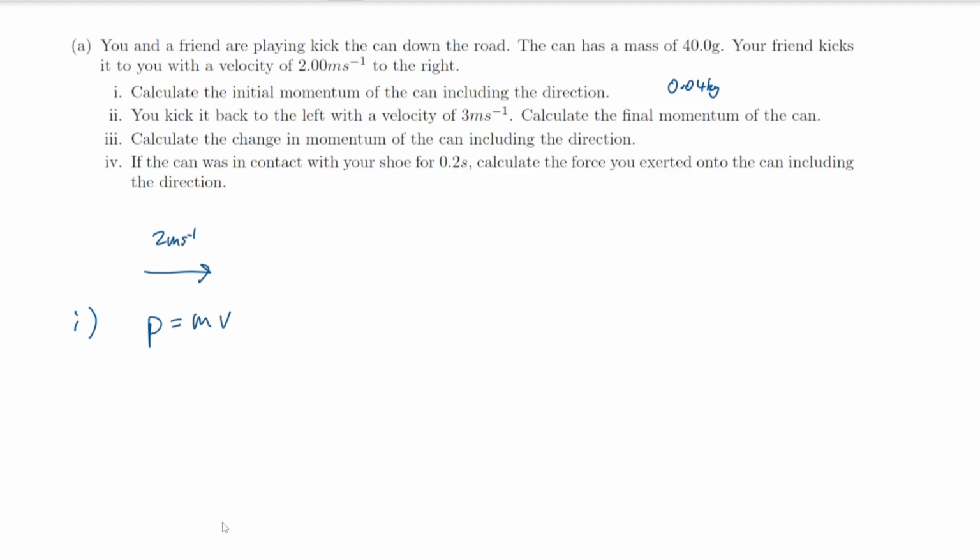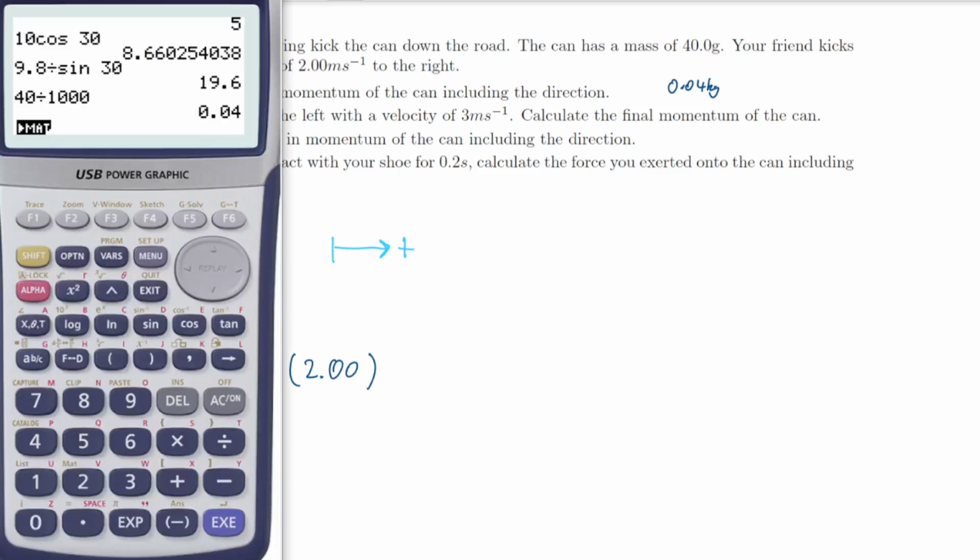So in this case, its mass is 0.04 kilograms, and its velocity is 2.00 meters per second to the right. So let's define our coordinate system as to the right being positive. So this will be positive 2.